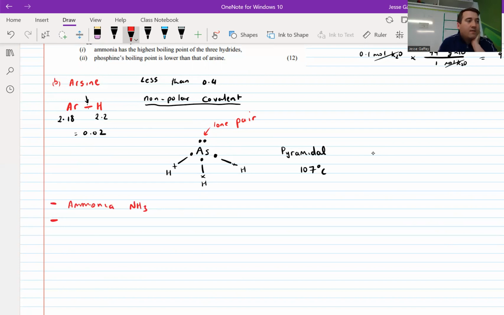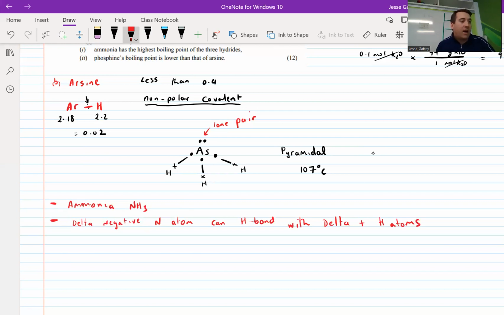And the reason for that is that a delta negative nitrogen atom can hydrogen bond with delta positive hydrogen atoms.